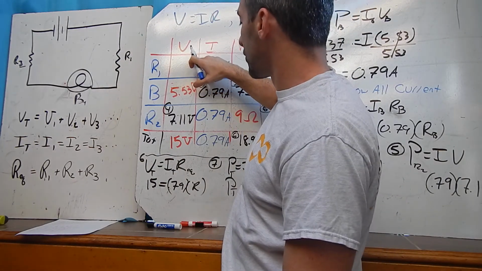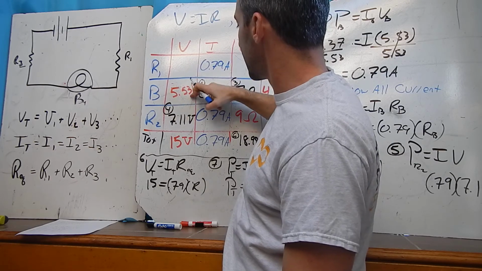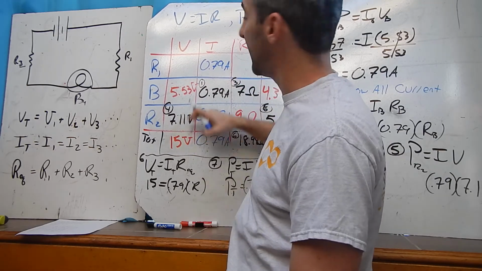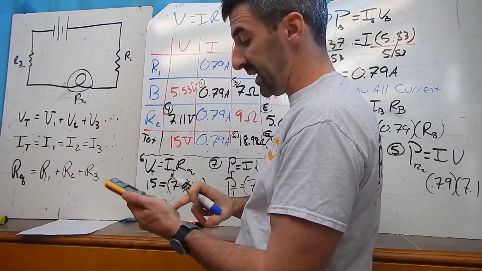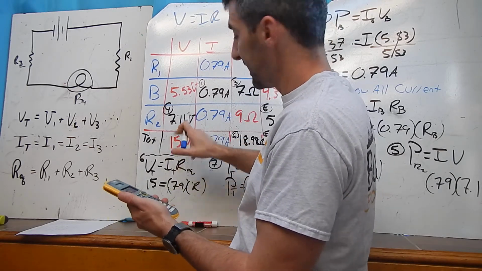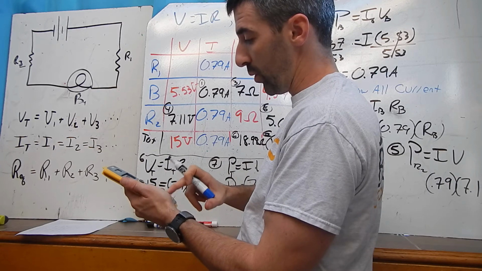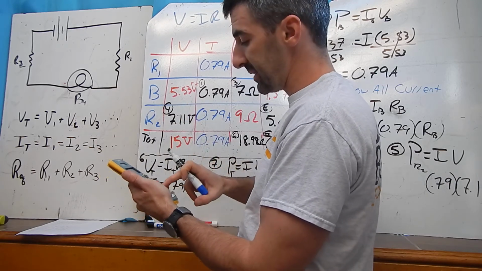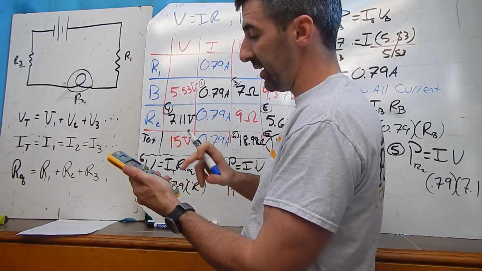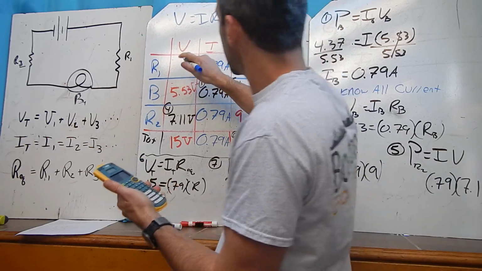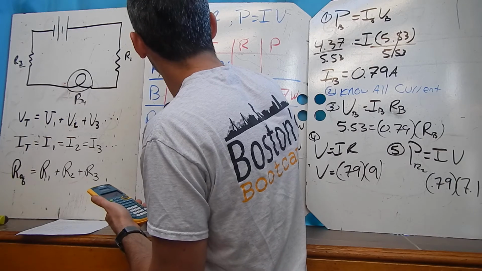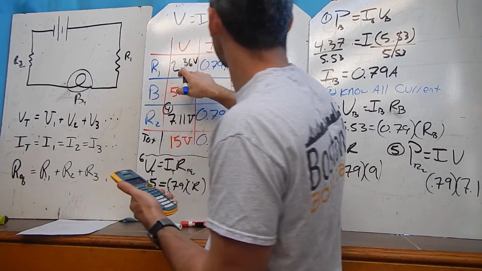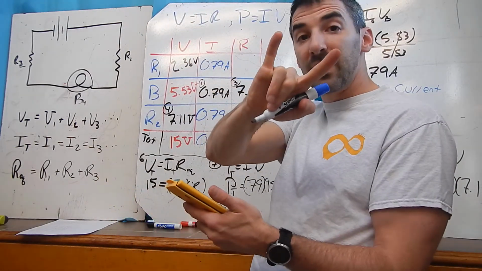My voltage rule is this one plus this one plus this one equals 15. V1 plus V2 plus V3. So that means 15 minus 7.11 minus 5.53 gets me the voltage that's left. 2.36 volts. And now I can check this 2 different ways.